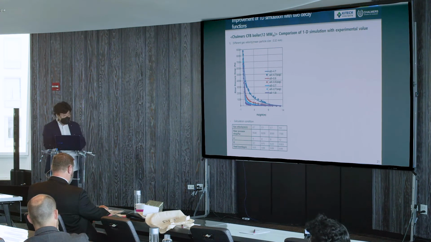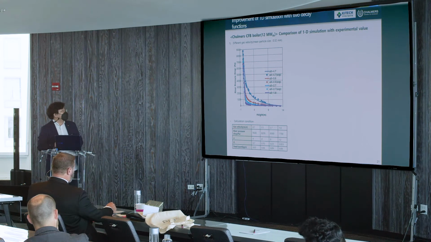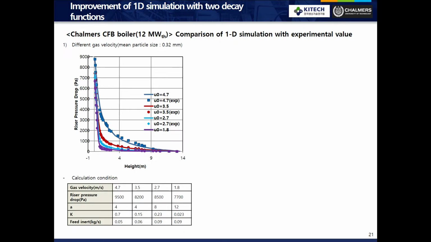And this is more result here. So it's pressure distribution along the height, and then it's the effect of the superficial velocity from 1.8 meter per second to 4.7, and you can see that the 1D simulation matches really well with the experiment.